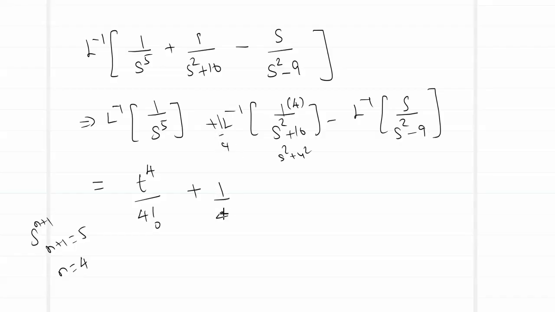So this gives me 1 by 4 times, since it is constant, it has to be sine. And since it is plus over here, you know that it is going to be sin 4t. Next, since it is s over here, you know that it is going to be cos. So the next term will be cos. But since there is a negative sign in the denominator, you need to know that it is hyperbolic cos. So this becomes cosh of 3t.